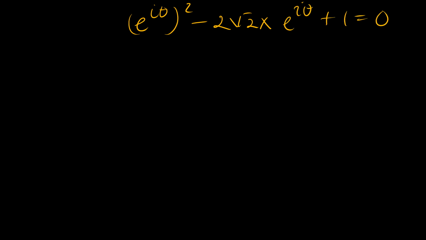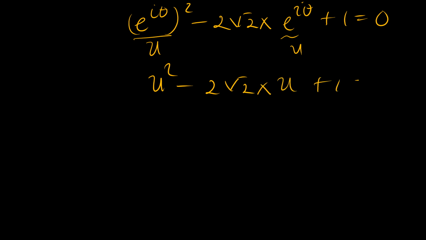Okay, meaning that e to the 2i theta minus 2 root 2 x e to the i theta plus 1 equals 0. If we just keep this temporarily as u, this becomes u squared minus 2 root 2 x u plus 1 equals 0.